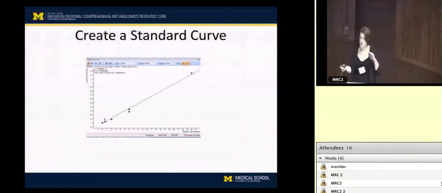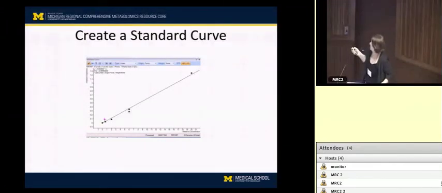The internal standard will help with that. I'm going to talk about that in my next talk, so I'll go into more detail then, but having an internal standard also goes into how we quantitate the samples before they get onto your calibration curve.